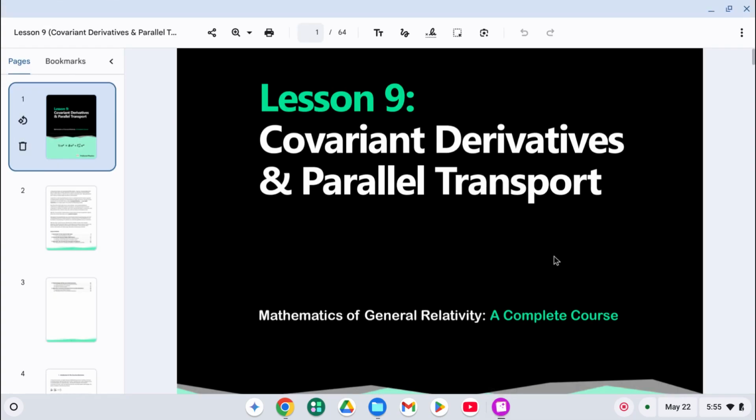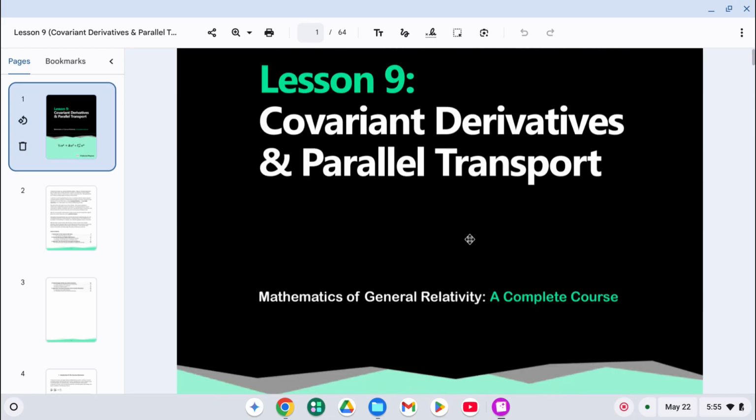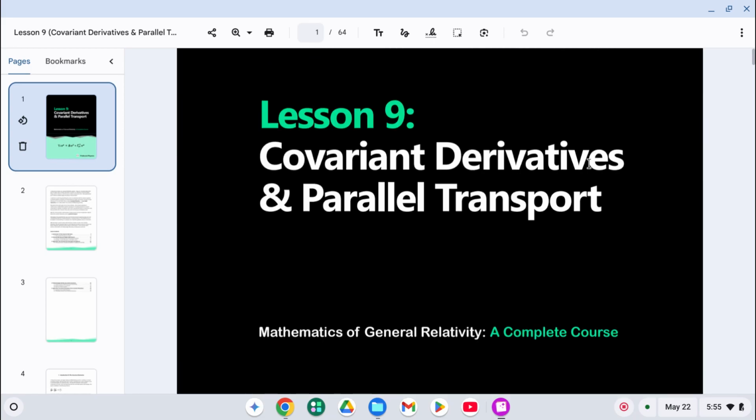Lesson 9, covariant derivative and parallel transport. Now, the covariant derivative is one of those fundamental concepts in the calculus that you really do need to understand if you want to work in that field. It was developed by Ricci and Levi-Civita because they realized that the partial derivative, as an example, the directional derivative in curvilinear coordinates, doesn't work.